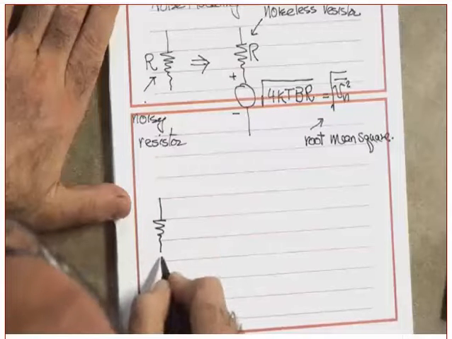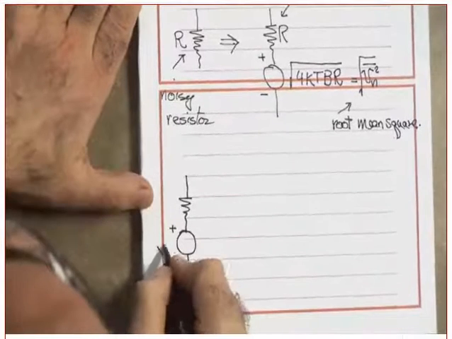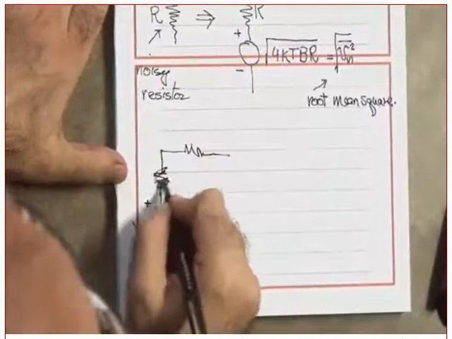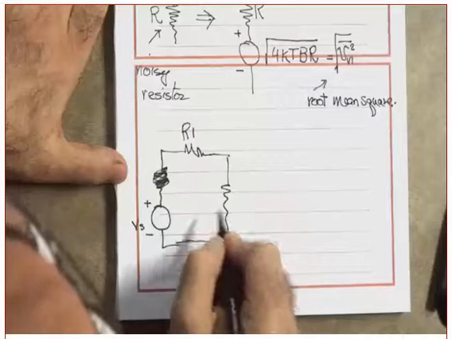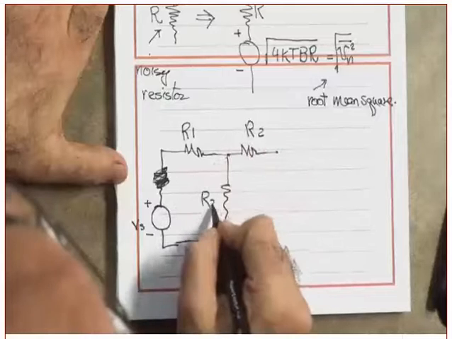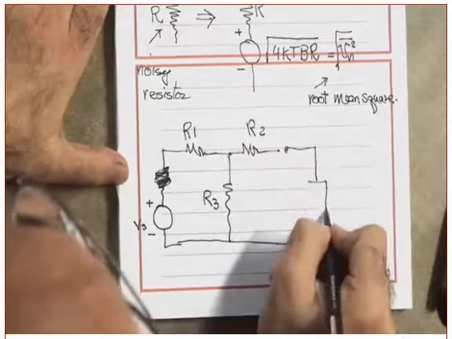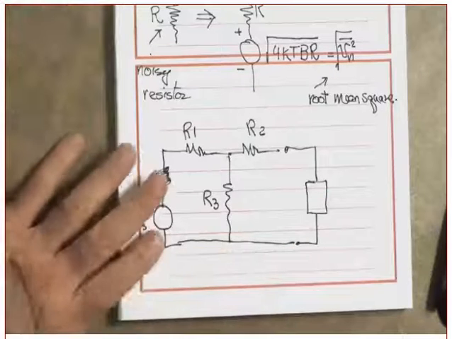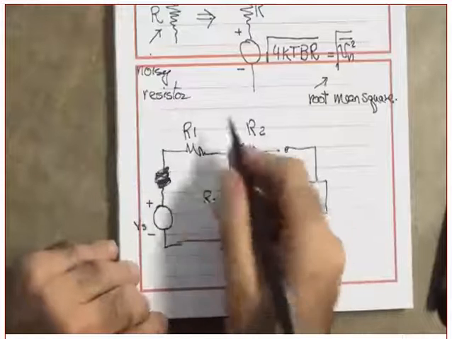Now, let's take a simple example just to make sure that you got the idea. Let's assume that we do have this circuit: Vs, R1, R2, R3, and this is the load R. How do I find the equivalent of this?